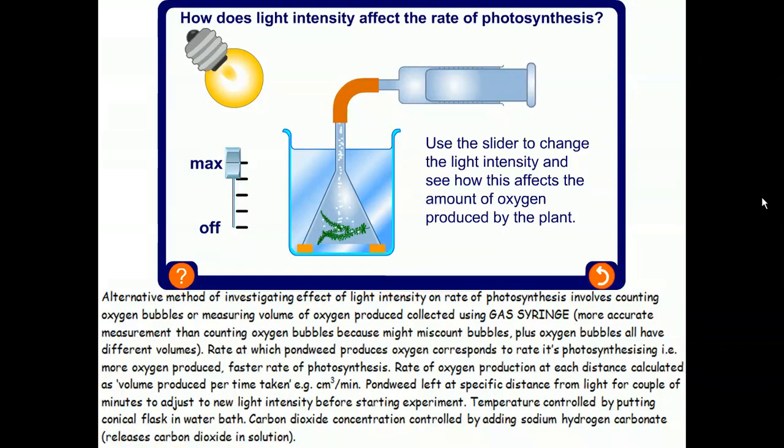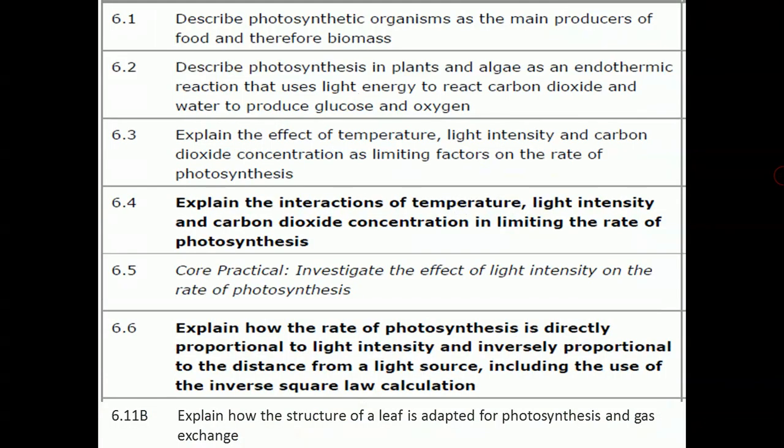And then you could calculate the rate of photosynthesis, because it's the volume of oxygen produced in a certain amount of time, and that could be compared using varying light intensities. And this is everything you need to know about photosynthesis from the spec.